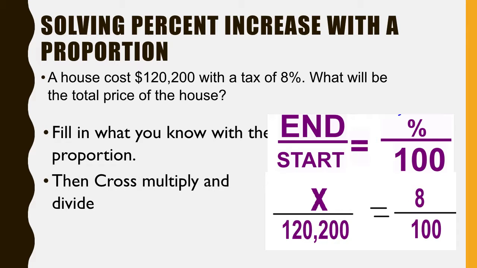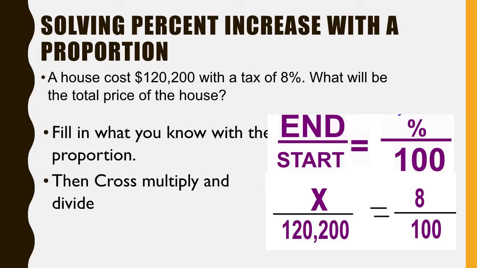So the basic proportion is your ending amount over your starting amount equals percent over 100. Percent is always out of 100, so the percent problems are there. Then we have to fill in what you know with the proportion.